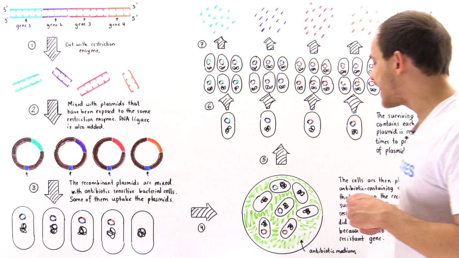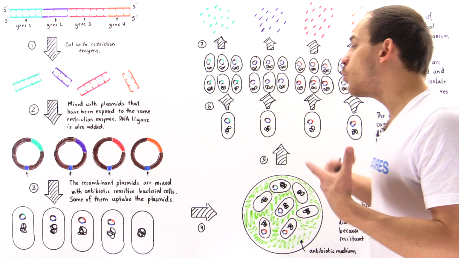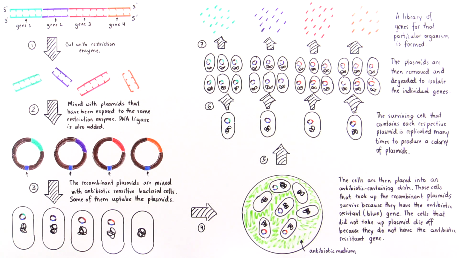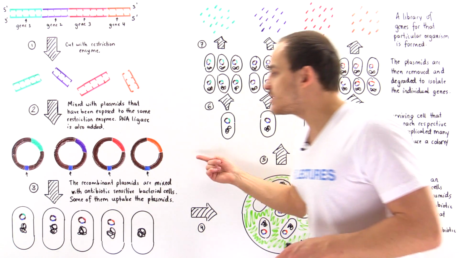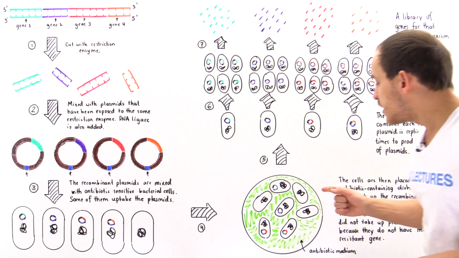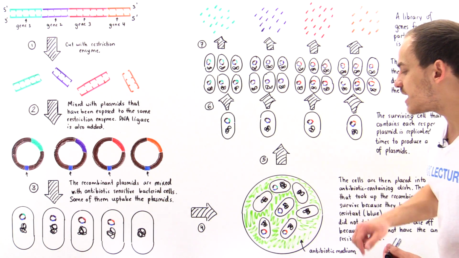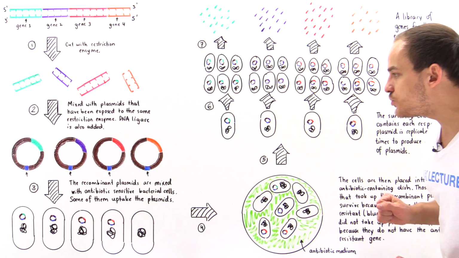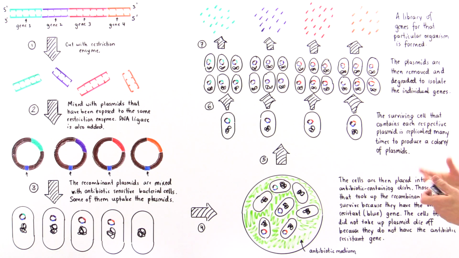But on the other hand, those cells that did not take up those plasmids will die off because they won't have that special blue gene. So this cell, and this cell, because they did not take the plasmids, will die off. But this cell, and this cell, because they have these blue genes that give them resistance to antibiotics, will not die off, they will survive.